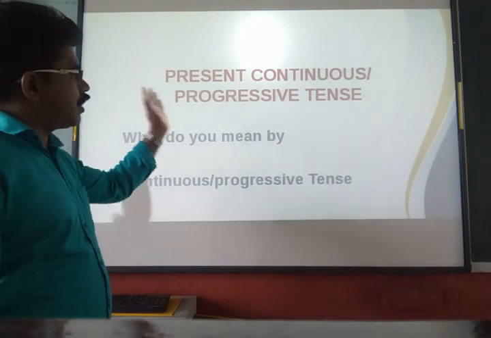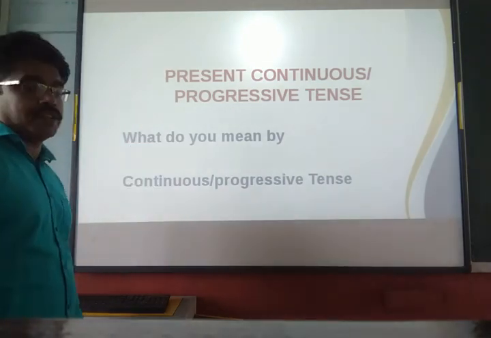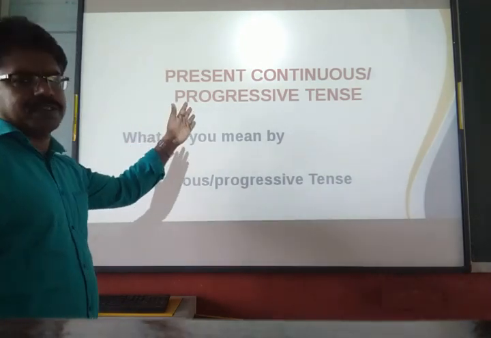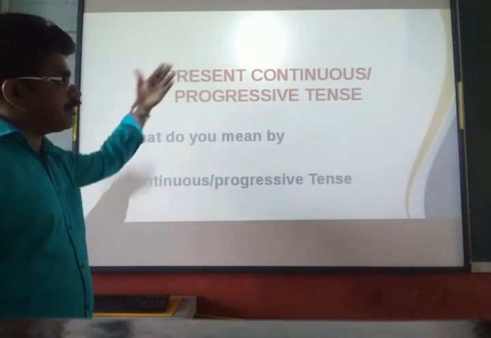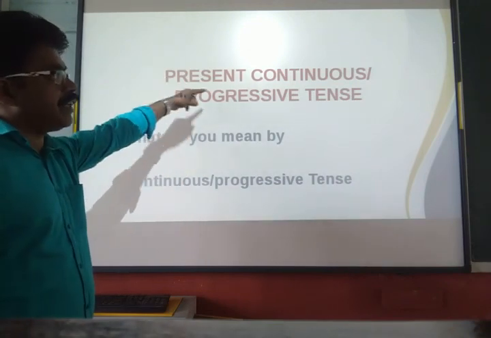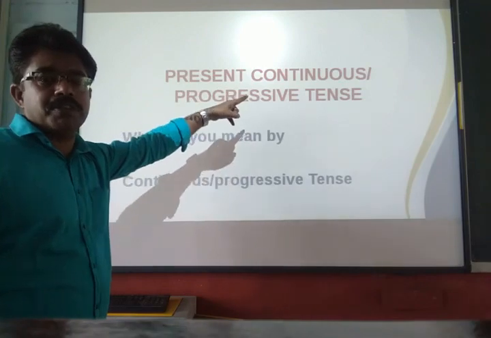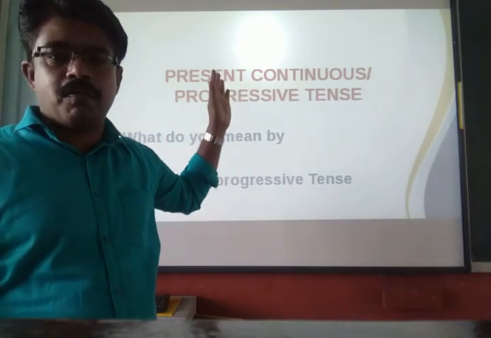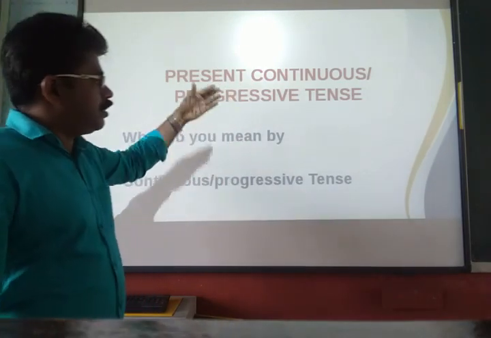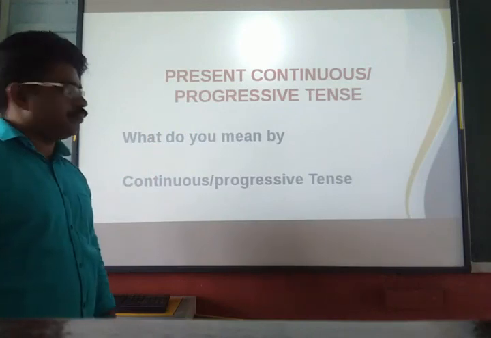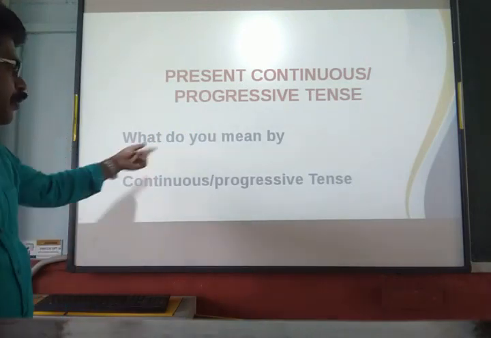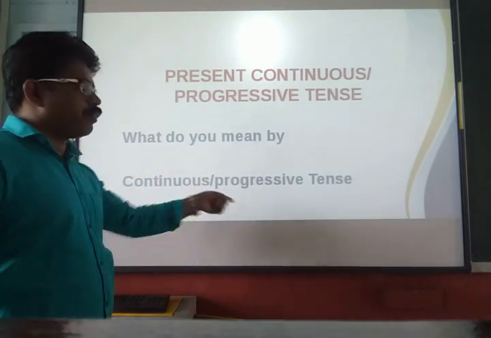So, present continuous or progressive tense. As I said in the beginning introduction, continuous tense has one more name, that is progressive tense. What do you mean by continuous or progressive tense?